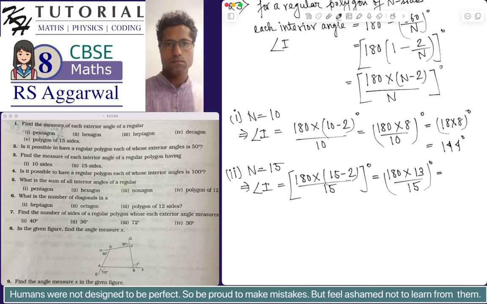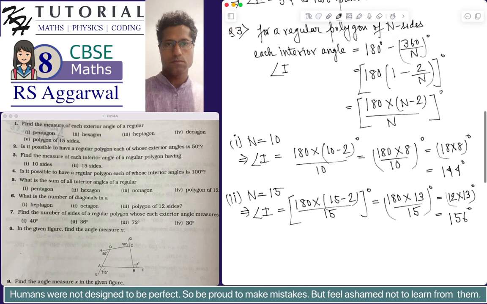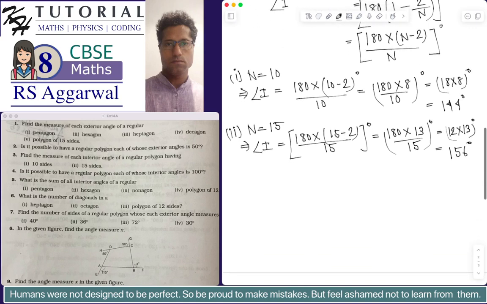This is equal to 12 into 13 degrees, which is 156 degrees. So each interior angle of a regular polygon having 15 sides is equal to 156 degrees. So that was question number 3. Let's do question number 4.